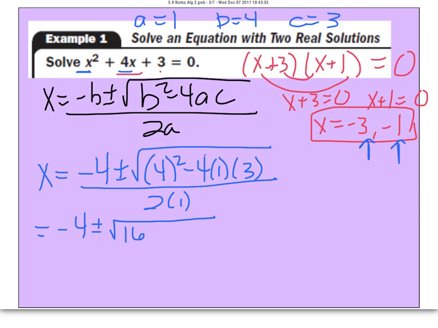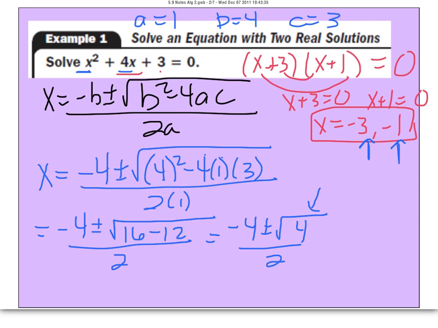I'm going to do 4 times 1 times 3 is 12. All over 2 times 1 is 2. This becomes negative 4 plus or minus the square root of 16 minus 12, which is 4, all over 2. Now the square root of 4 we know is 2. So I'm going to write negative 4 plus or minus 2 all over 2.